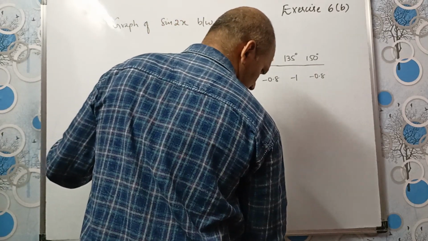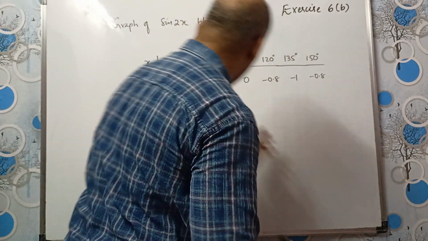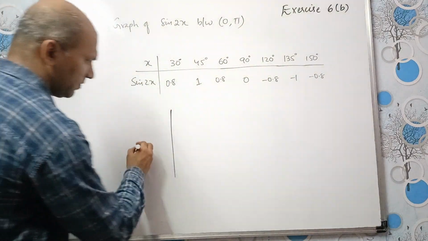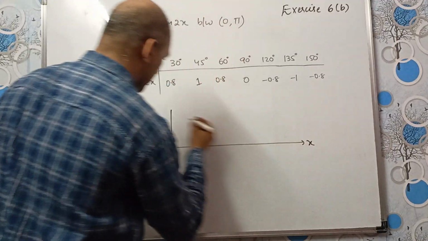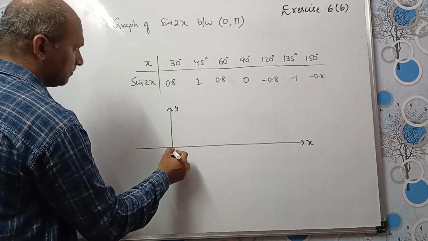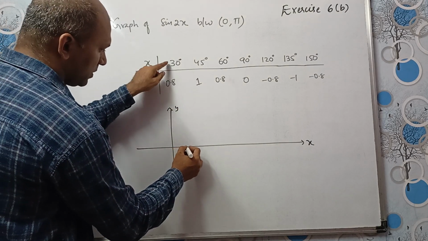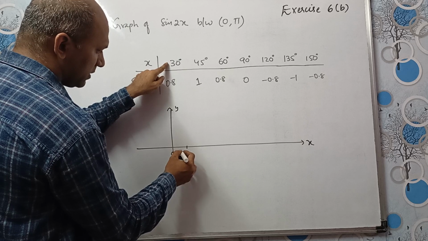It is easy now, right? Just drawing and plotting this. Drawing x-axis, y-axis and plotting these points. Let us take x values. X is 0 degrees, 30.